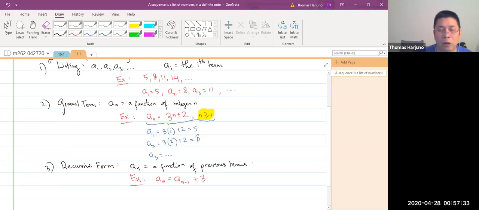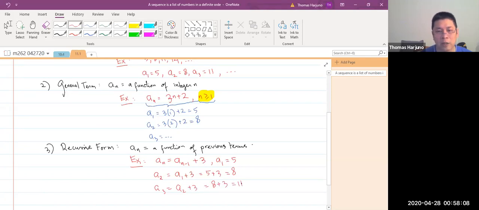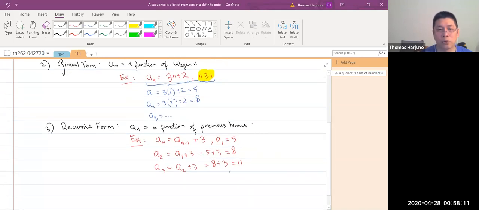If I use a recursive form like that, I need to inform you of the value of the first term. So for example, the first term is 5. The second term is the first term plus 3, which is 5 plus 3, which is 8. The third term is the second term plus 3, which is 8 plus 3, that's 11. So on and so forth.